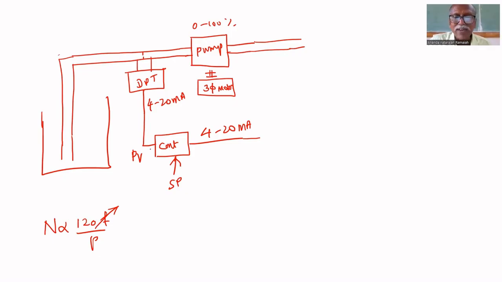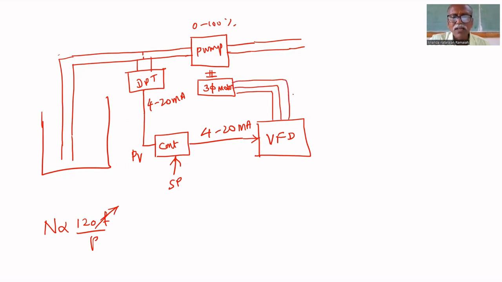That's why a power electronic device called a VFD, variable frequency drive, is used. To that, this 4 to 20 milliamps is given, and it gives a three-phase power supply to this motor. Its frequency varies from 0 to 50 hertz or 60 hertz, depending upon the country.